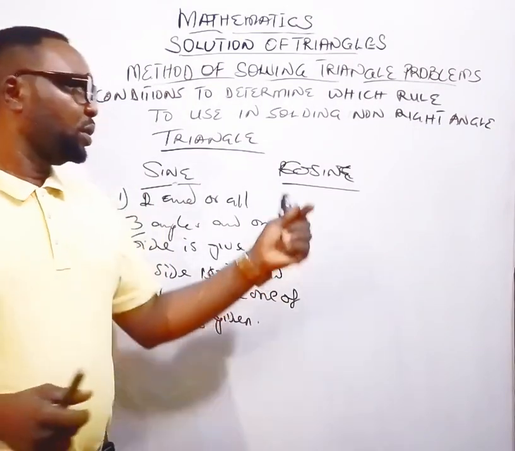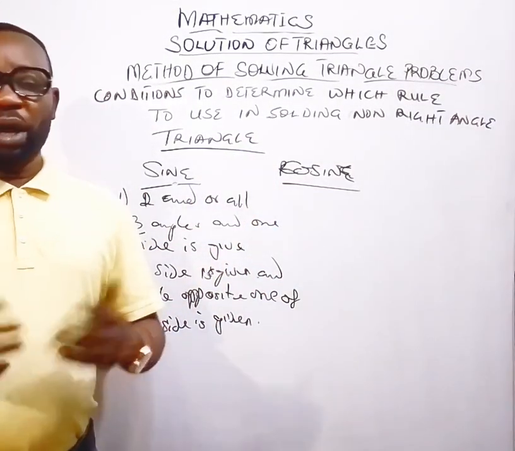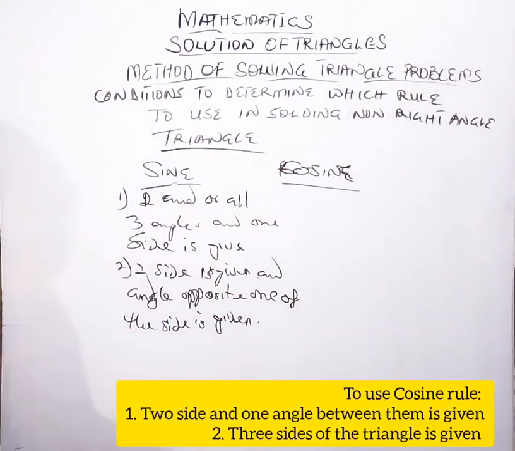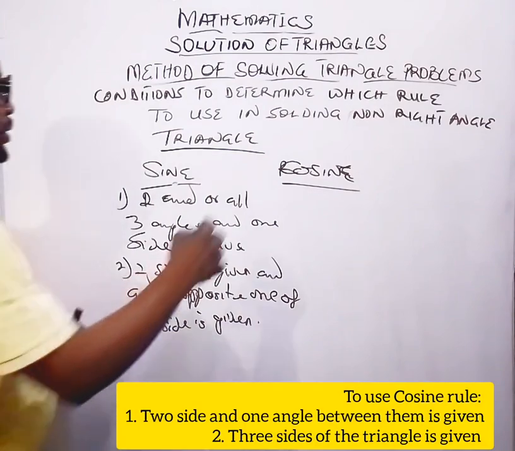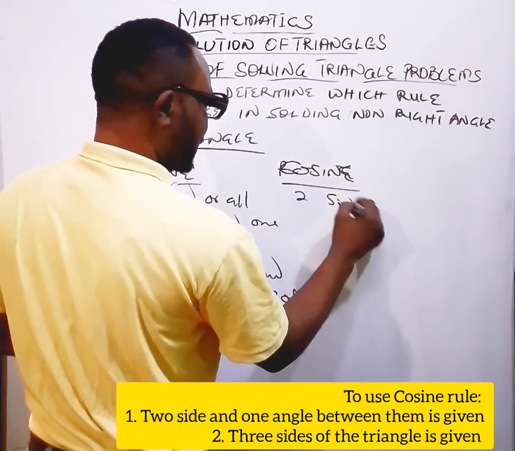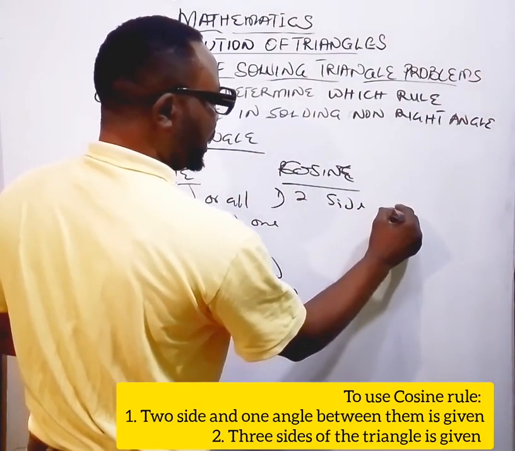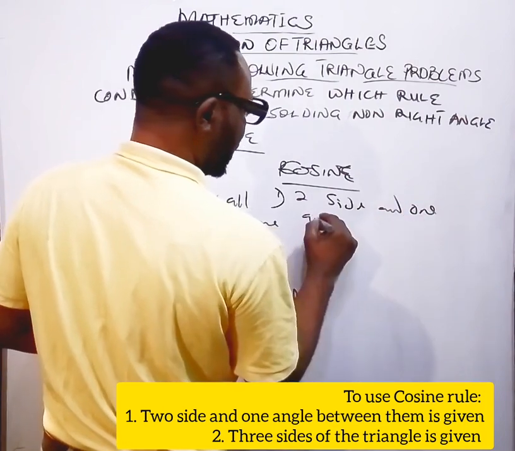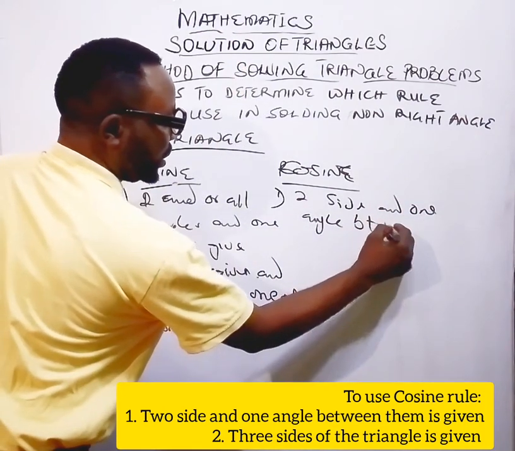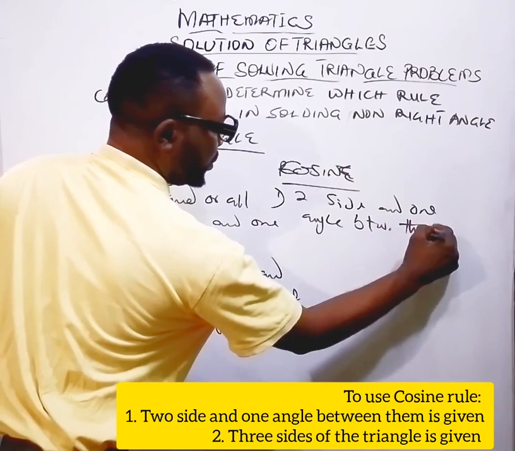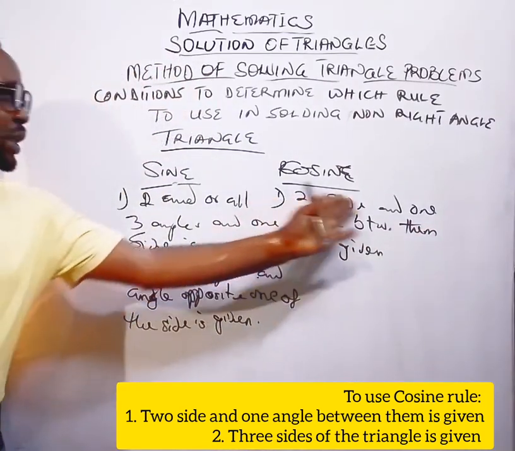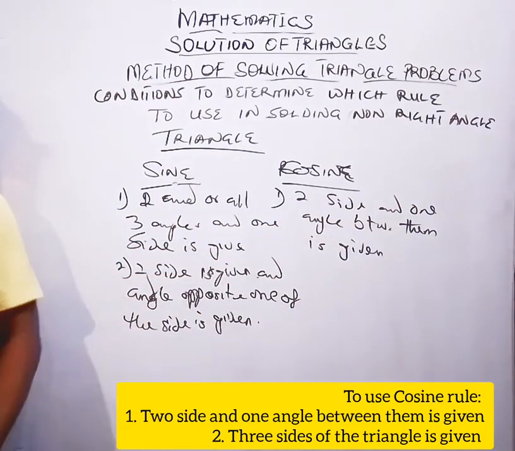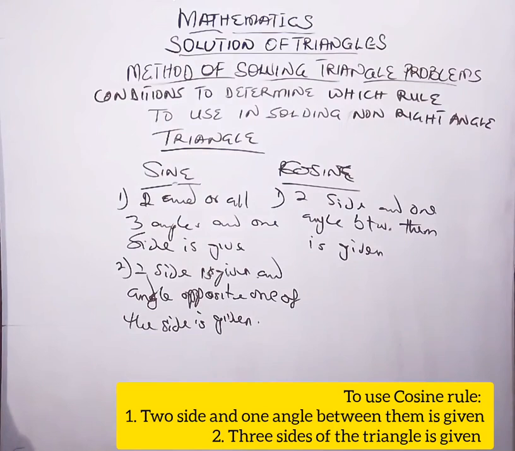Another condition is for the cosine rule. When do we make use of the cosine rule? When two sides and one angle between them are given. Two sides and one angle between them, that's number one.